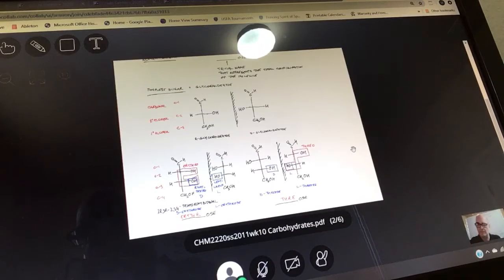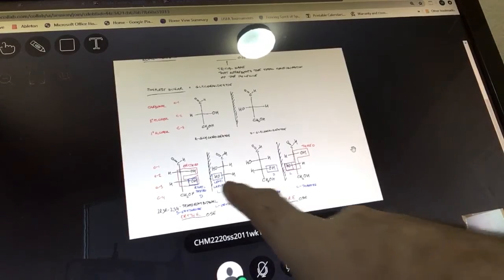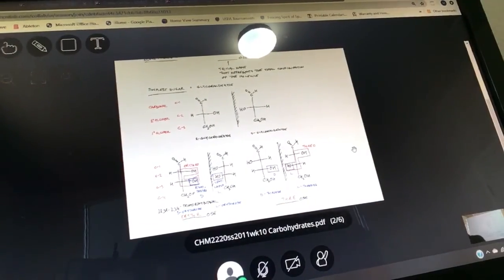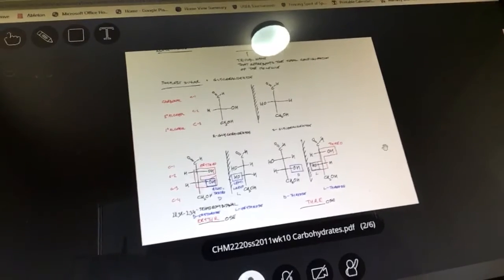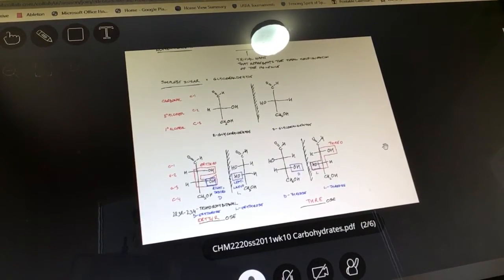Okay, look for that bottommost alcohol group, the one on this particular sketch that is in blue. Look for that to be either on the right-hand side and therefore a D sugar, or on the left-hand side, and therefore an L sugar. And then every different arrangement of alcohol groups gets its own name.